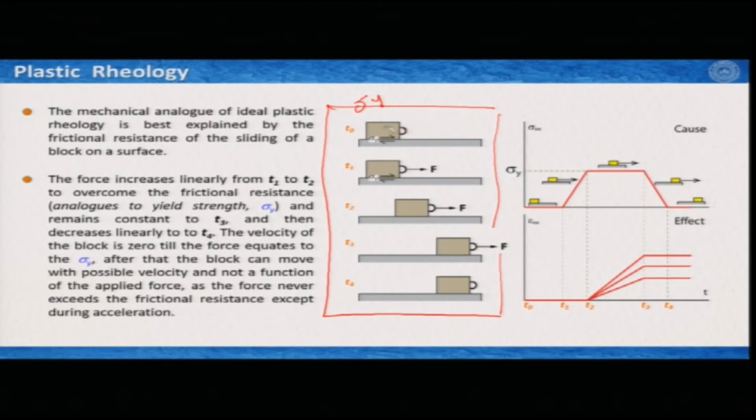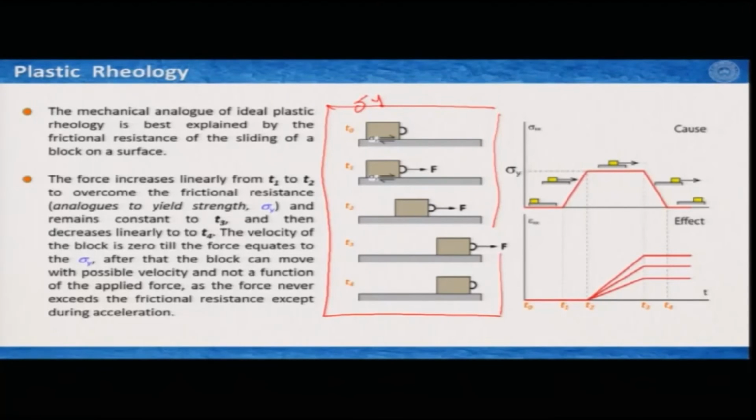So, at T0 everything is at rest, and this frictional interface has the frictional resistance value sigma y, or coefficient of friction, which in this case we are making analogous to the yield strength. Now, at T1 time I start pulling this block with a force F, and I am slowly increasing this force. At time t2, between t1 and t2, what is happening?